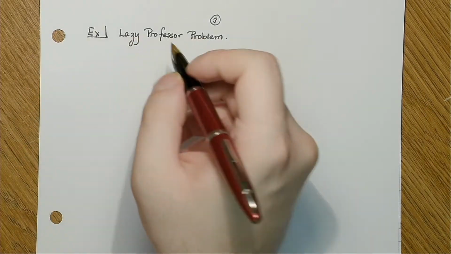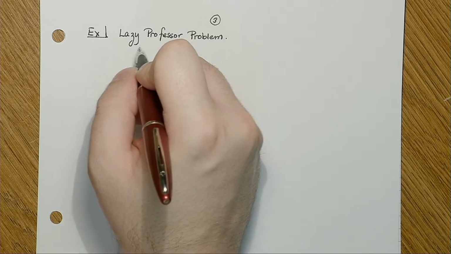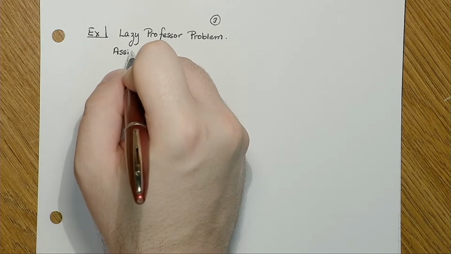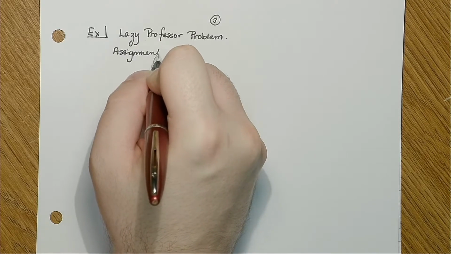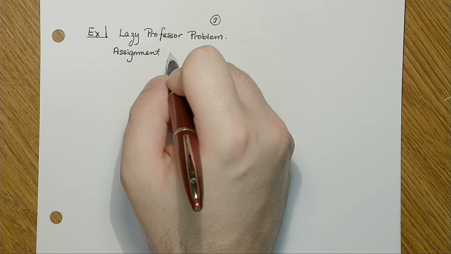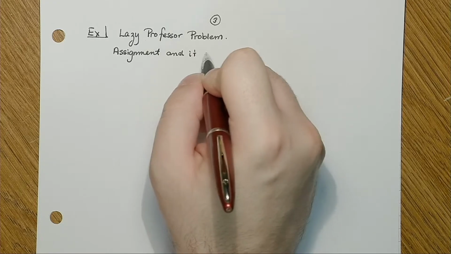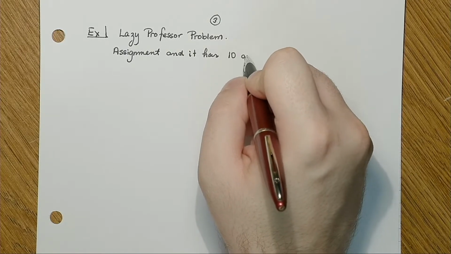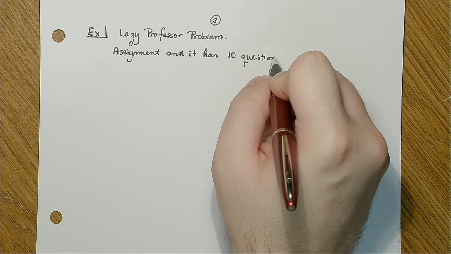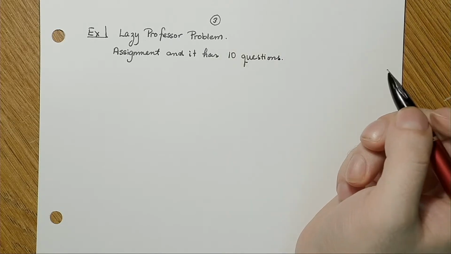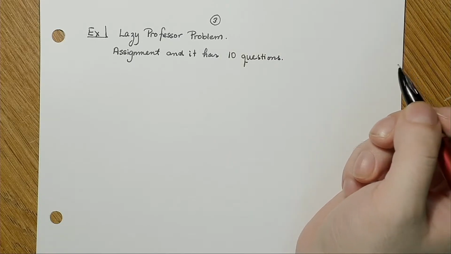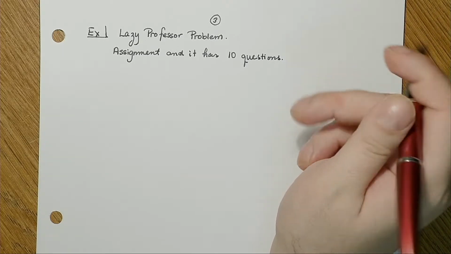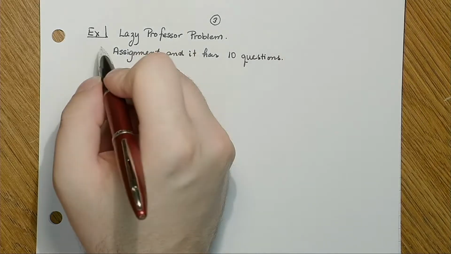So let's say that there's an assignment and it has, let's say, 10 questions. And so in order to save time, what the professor, or let's say me, I'm going to only correct 3 of them.